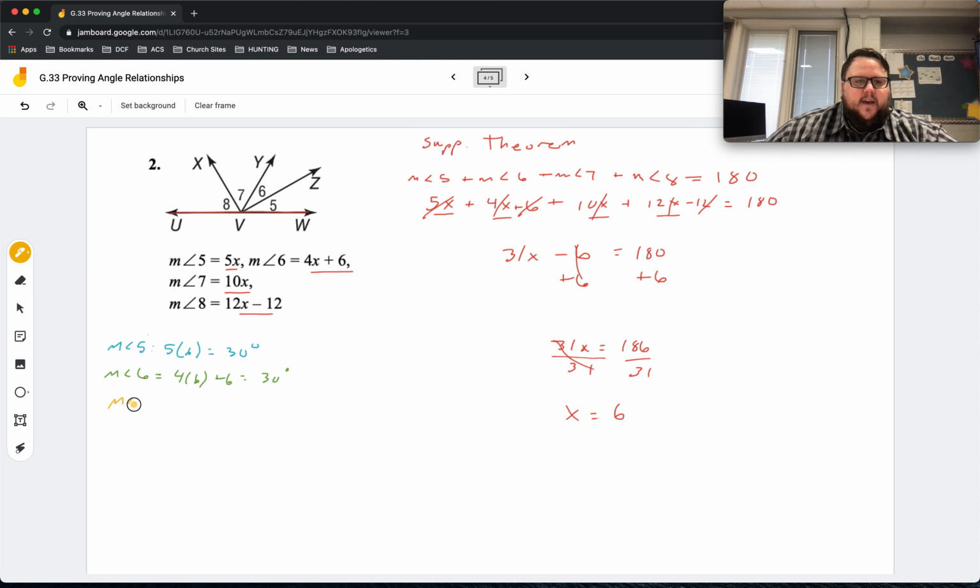Measure of angle 7 is 10 times x, which is 6. So 10 times 6, which is 60 degrees.